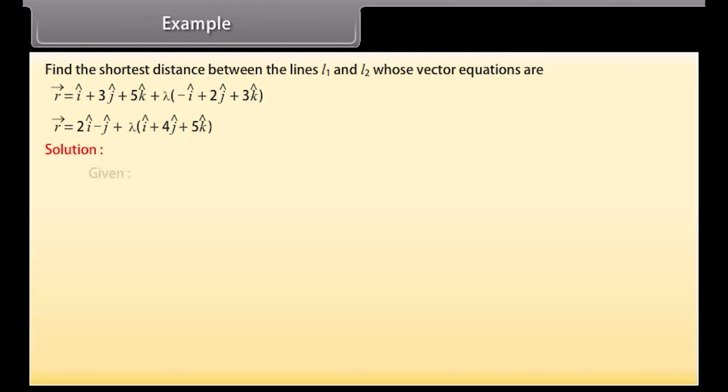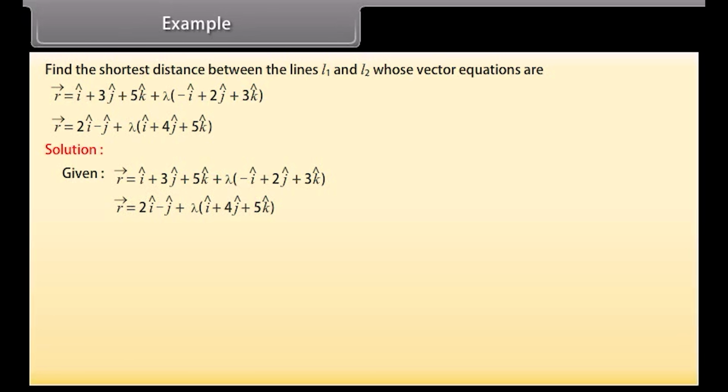Solution: given vector r equals cap i plus 3 cap j plus 5 cap k plus lambda times minus cap i plus 2 cap j plus 3 cap k, and vector r equals 2 cap i minus cap j plus mu times cap i plus 4 cap j plus 5 cap k.